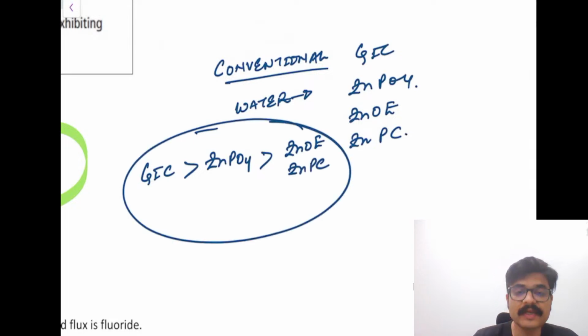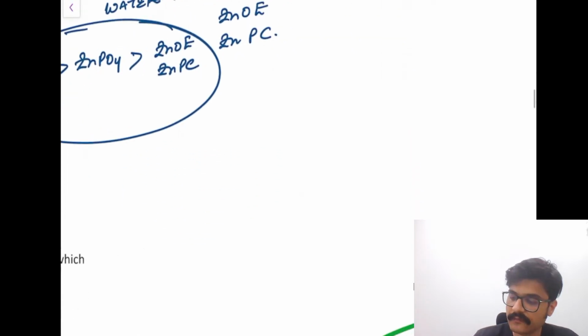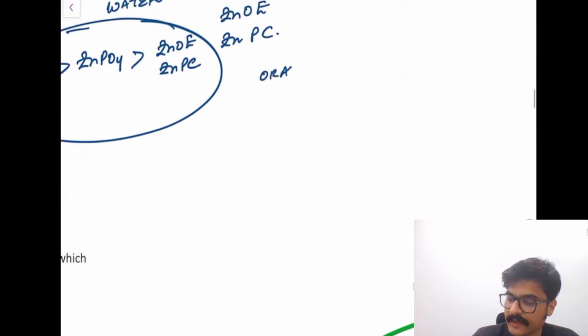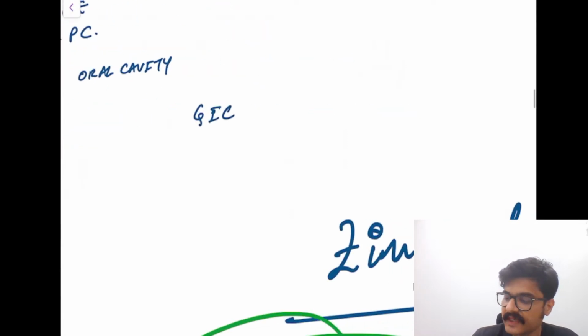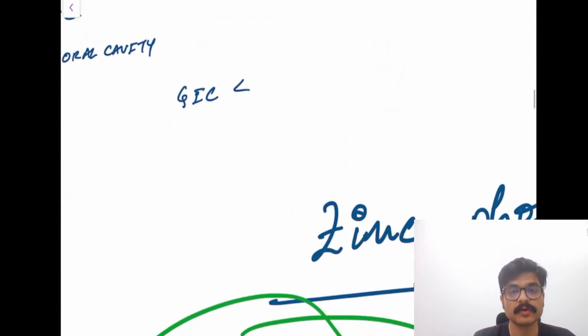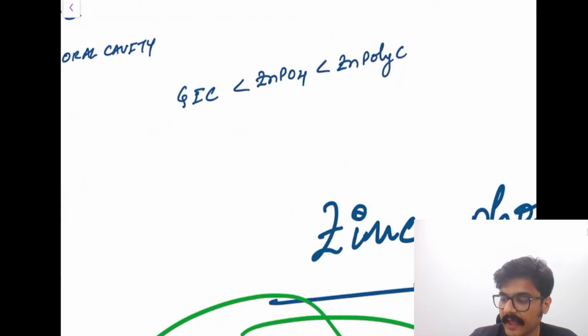But when we talk of the oral cavity, guys, then out of these four, actually GIC has got the least solubility. And then we have zinc phosphate, and then zinc polycarboxylate, and then zinc oxide eugenol, right?